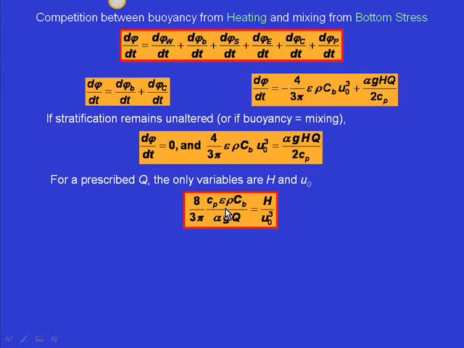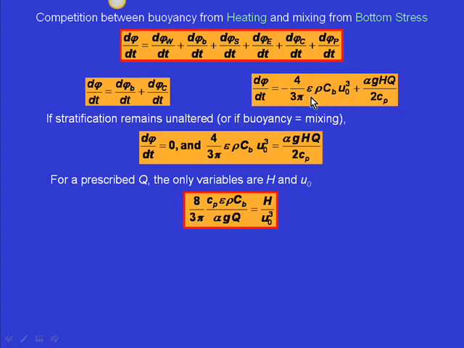And this epsilon we said is what? Is this epsilon that appears here? It's a mixing efficiency, right? Not all of this amount goes into mixing from the bottom stress, just part of it. That's characterized by this mixing efficiency, which is also of order 10 to the minus 3.